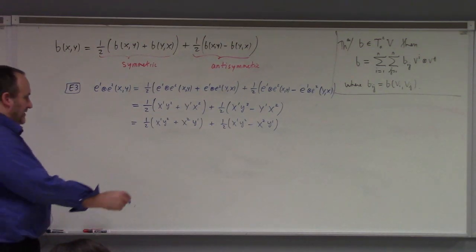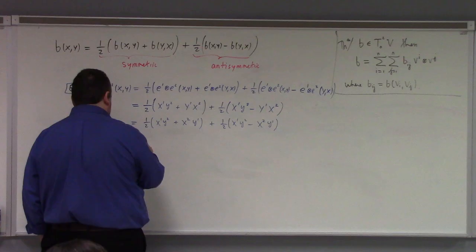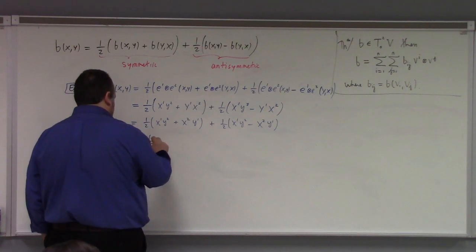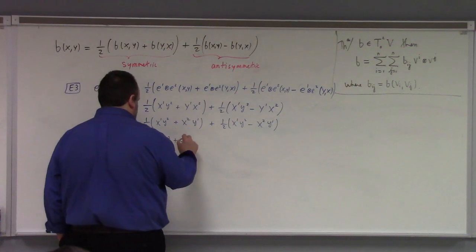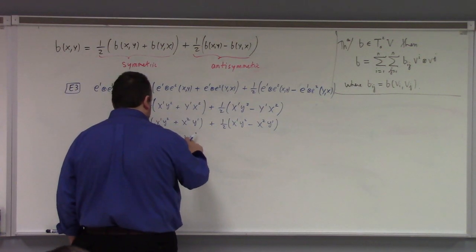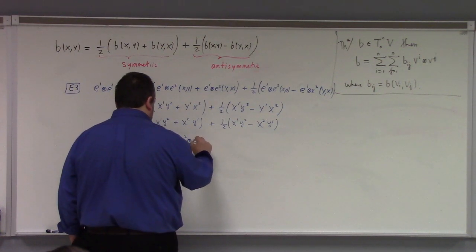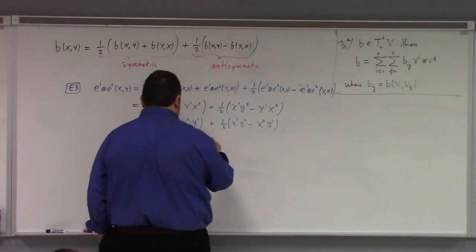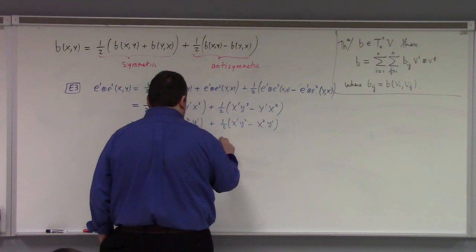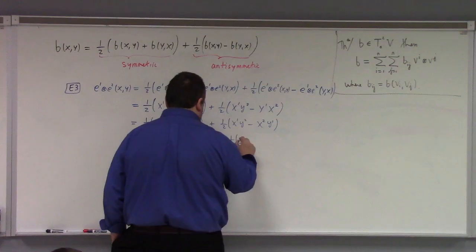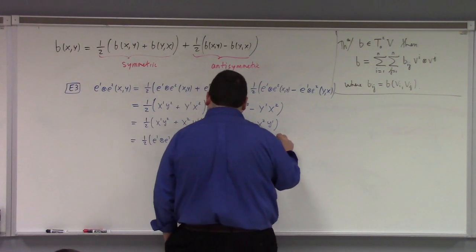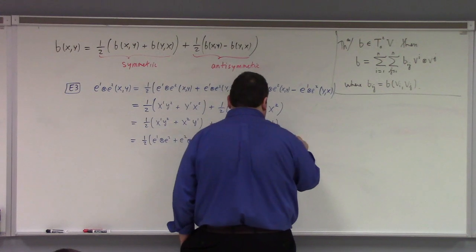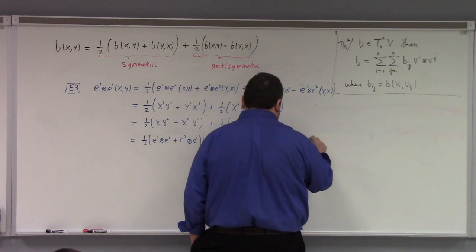But let's tensor these things again. So this is like 1/2 of E1 tensor E2 plus E2 tensor E1 acting on x comma y, right? Plus 1/2 of E1 tensor E2 minus E2 tensor E1 acting on x comma y.